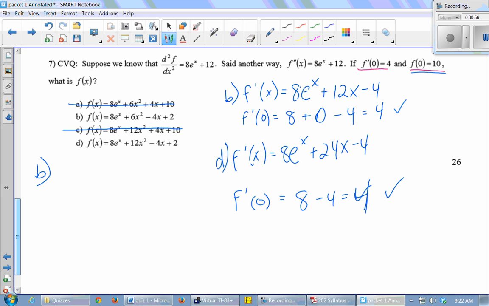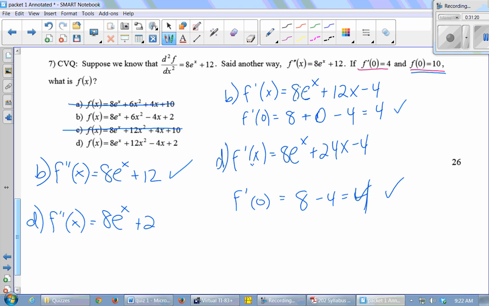Okay, so for B, f double prime is just the derivative of f prime. The derivative of 8e to the x is 8e to the x. The derivative of 12x is 12. So B has the right derivative. And D, its second derivative would be 8e to the x plus 24, which is not right. Okay, so the only one that works is B.